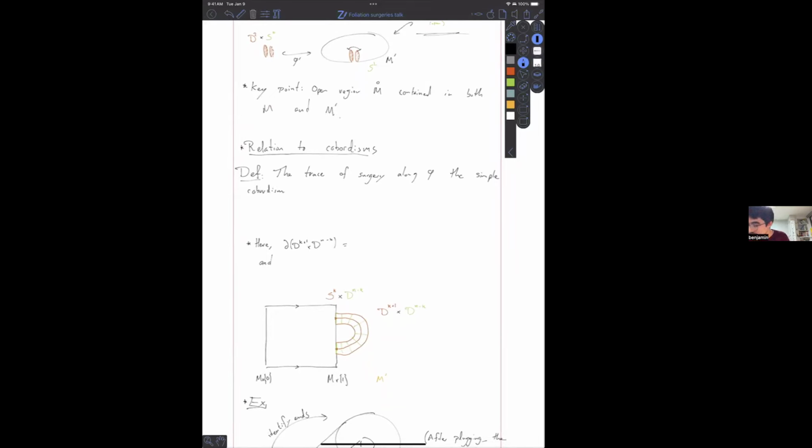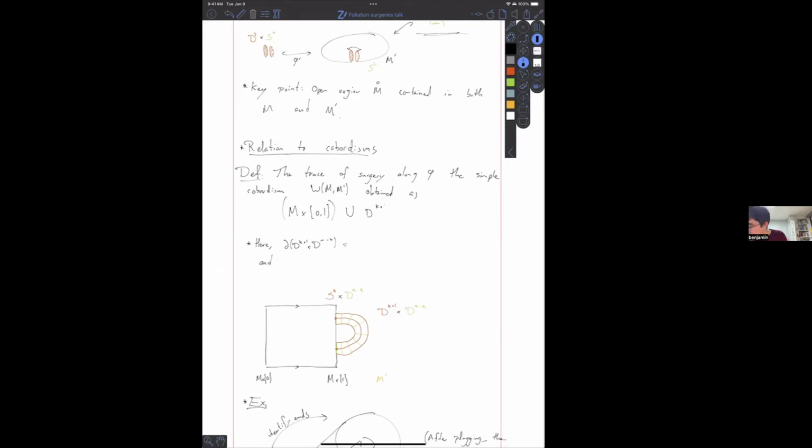We call it W from M to M prime, obtained as follows: we take M, multiply it times the interval, and then we glue on more than just the sphere times the disk.